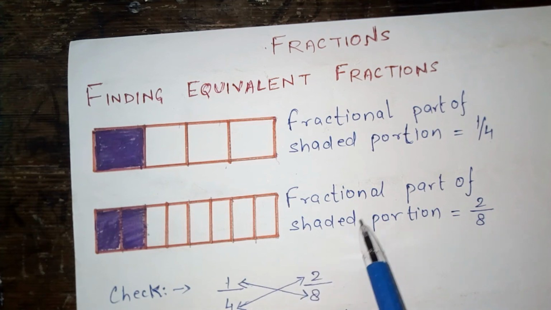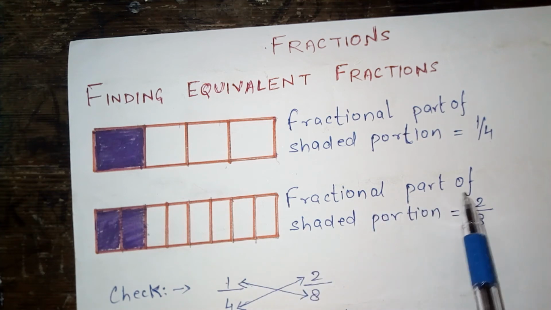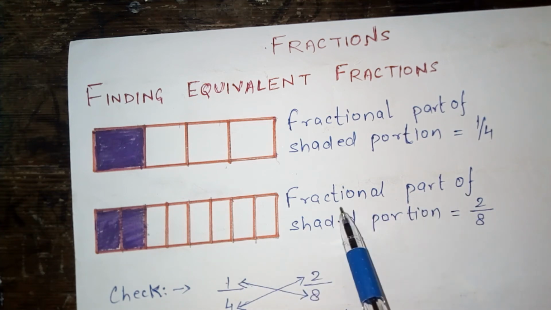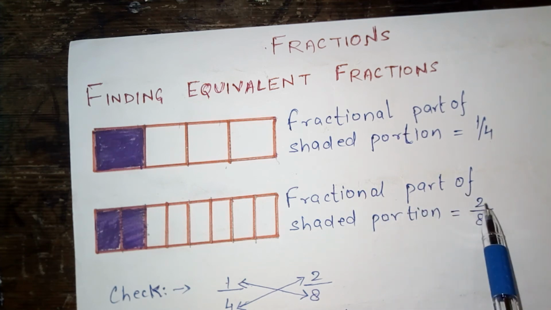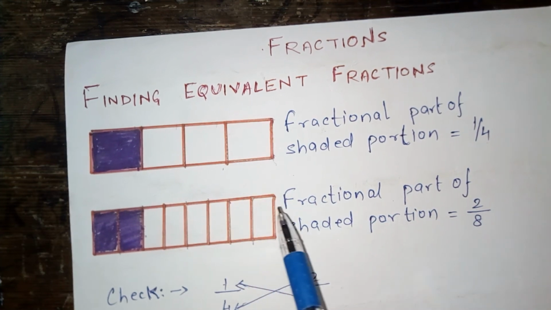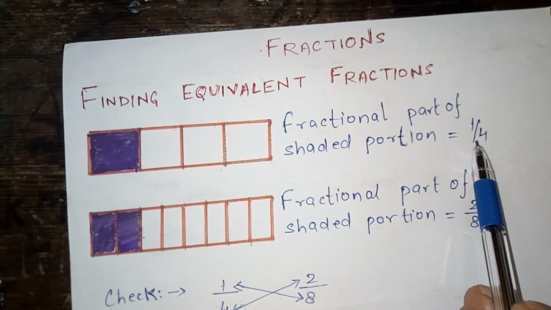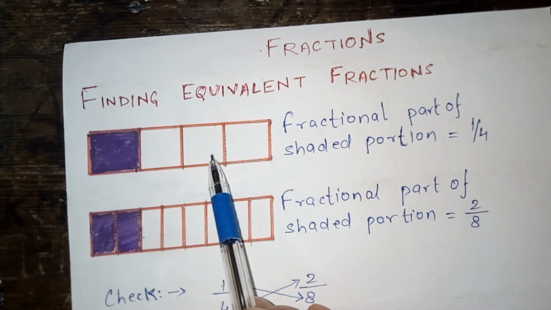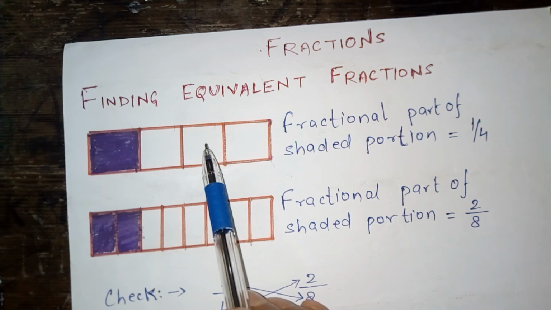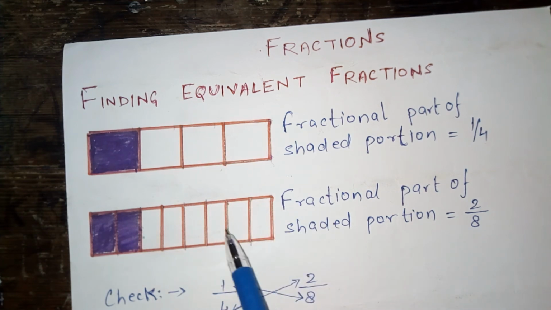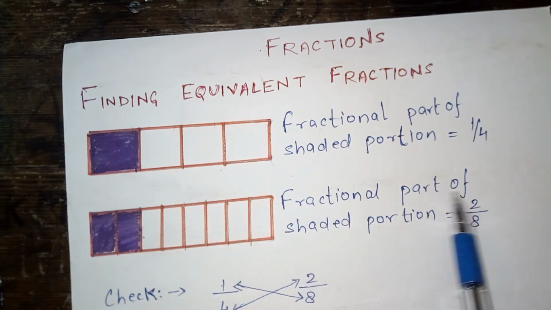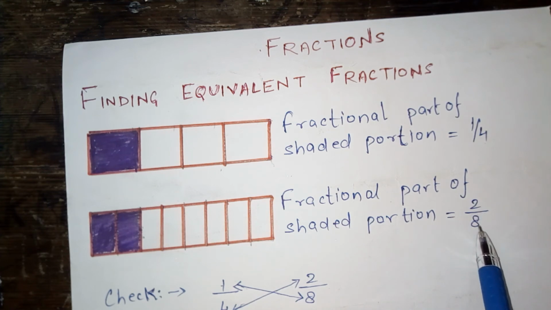So the fractional part of the shaded portion will be 2 upon 8. In these two examples, 1 upon 4 is the fractional part of the shaded portion in the first figure, and in the second figure it will be 2 upon 8.